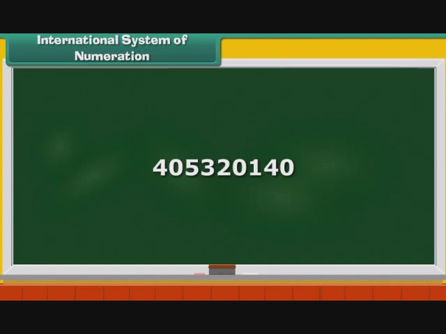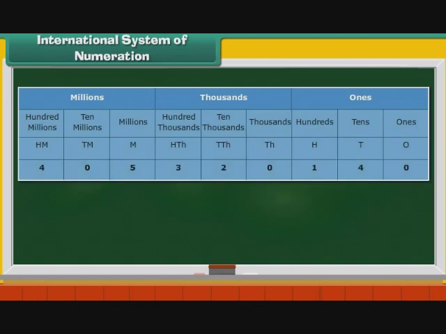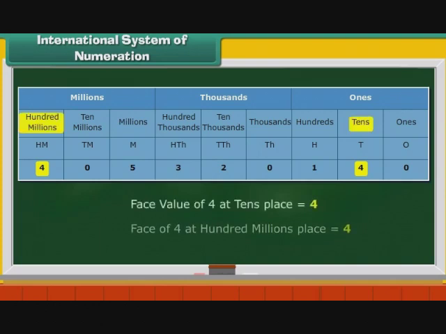Consider the number 405320140. First, we arrange it in the place value chart. Digit 4 appears at two places, tens and 100 millions. The face value of digit 4 is 4 at both the places.